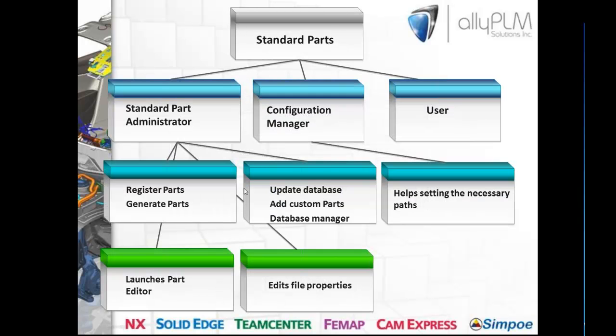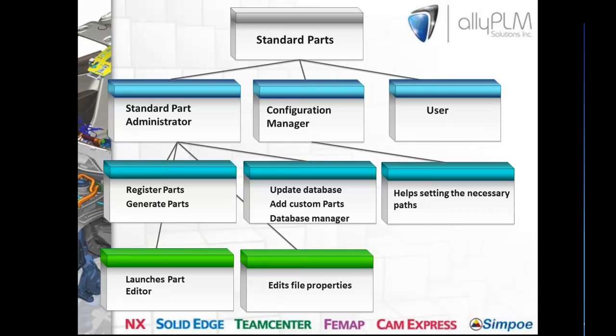Now, based on the user type, I have divided standard parts into three parts. First is administrator, the second one is configuration manager, and the third is user. Most of today's presentation is concerned with installing and configuring, so it's more or less inclined towards the administrator part, the Solid Edge administrator.